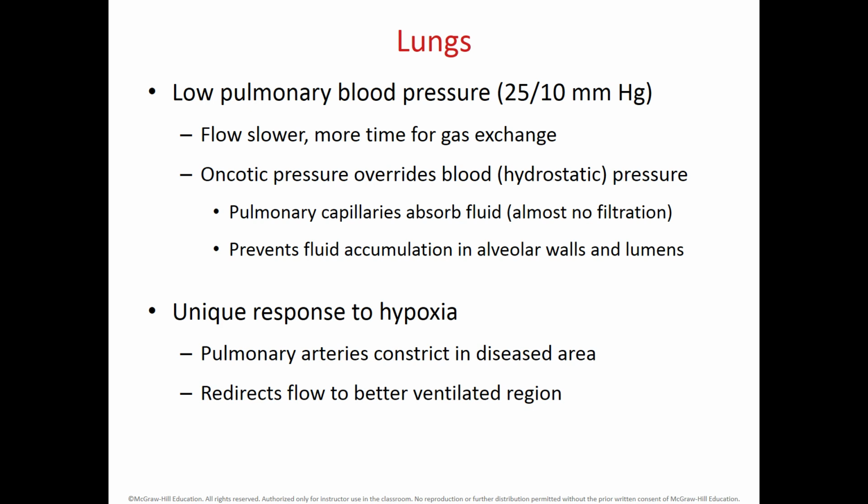And the oncotic pressure, or the pressure that moves fluid into the blood, is higher, and the pulmonary capillaries absorb fluid with almost no filtration. This will prevent fluid from accumulating within the chambers where gas exchange happens, because these chambers, known as the alveoli, need to be filled with air and not fluid.